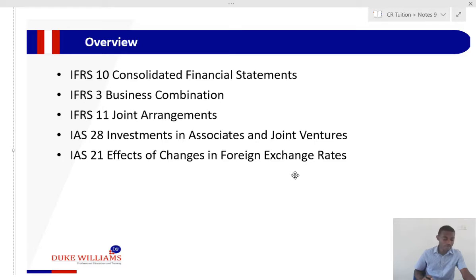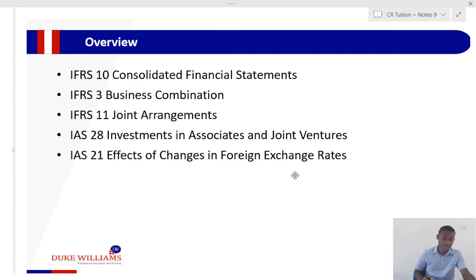What are the principles we look at when we are calculating goodwill at acquisition? Then we look at IFRS 11, Joint Arrangements. Joint arrangement talks about where there's mutual agreement between two or more parties, where there should always be consent on decision making. And in most cases, returns are shared equally between the parties.